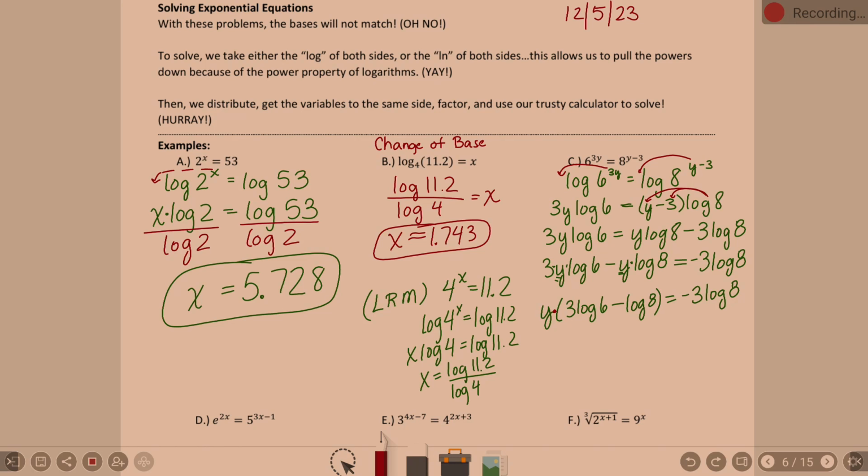If we have y times something, how do you solve? You divide by something. So because that is all in one parentheses, we can divide by 3 log 6 minus log 8. If you divide the left by that, guess what? We're dividing the right by 3 log 6 minus log 8.